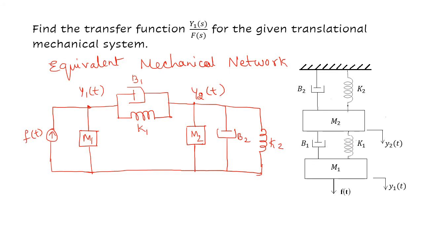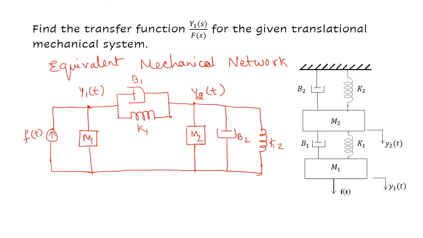Next, from this equivalent mechanical network, we write the differential equations. The first differential equation we write by considering node Y1. The applied force is F of t, which is equal to the opposing forces due to M1, B1 and K1. Similarly, if we consider node Y2, the applied force is 0 with the opposing forces due to M2, B2, K2, B1 and K1.